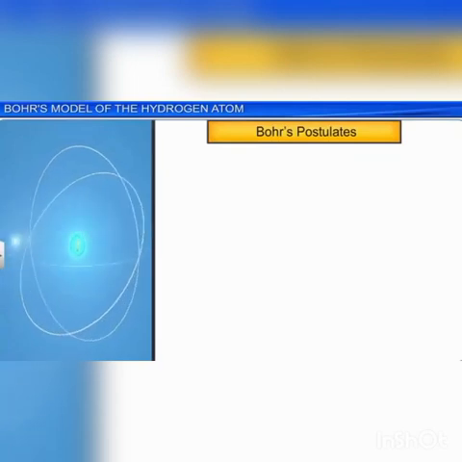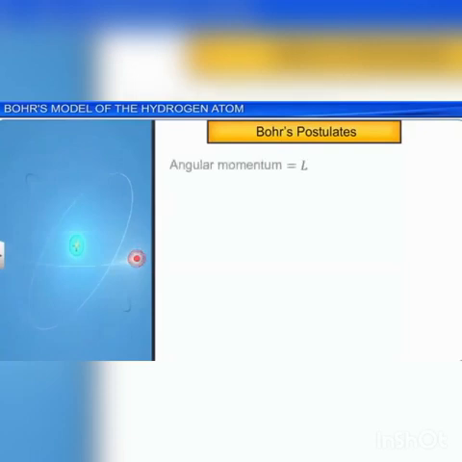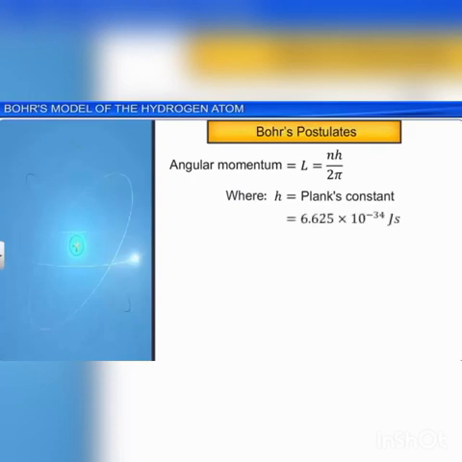According to Bohr's second postulate, the electron revolves around the nucleus only in those orbits for which the angular momentum L is an integral multiple of a constant equal to nh by 2 pi, where h is Planck's constant equal to 6.625 into 10 to the power minus 34 joule-second.